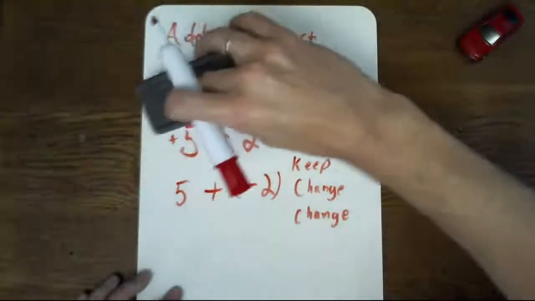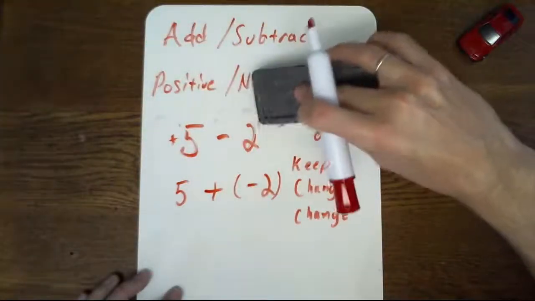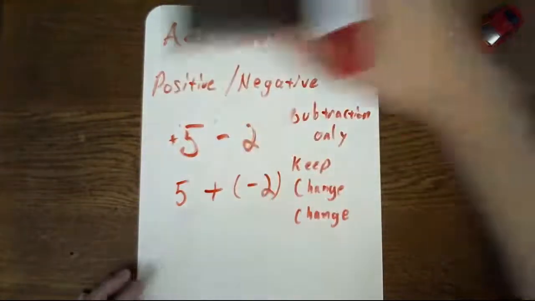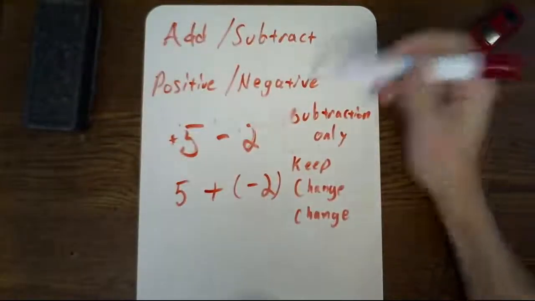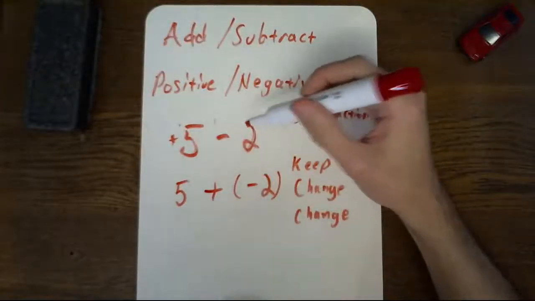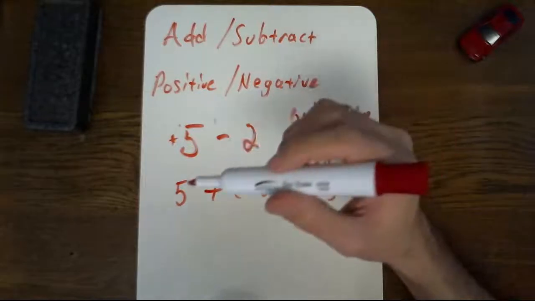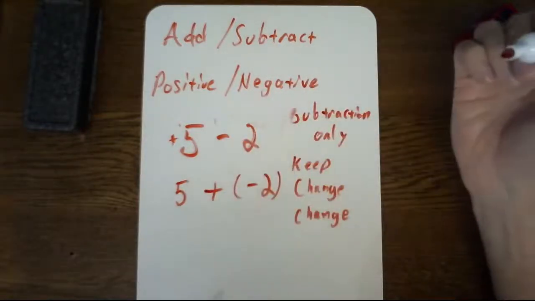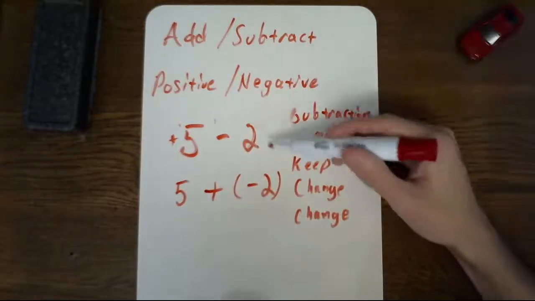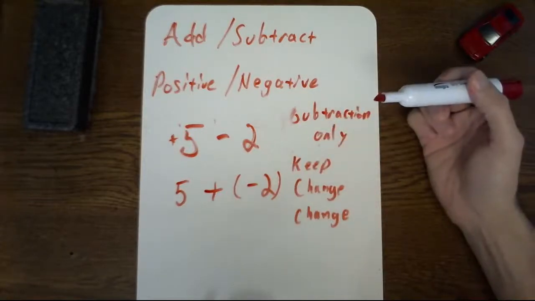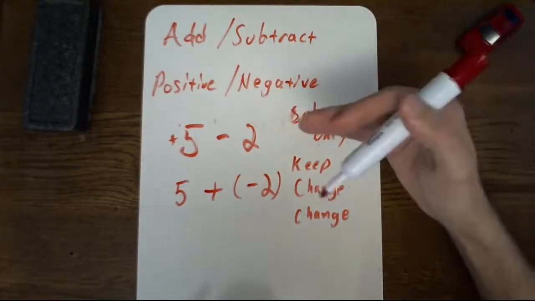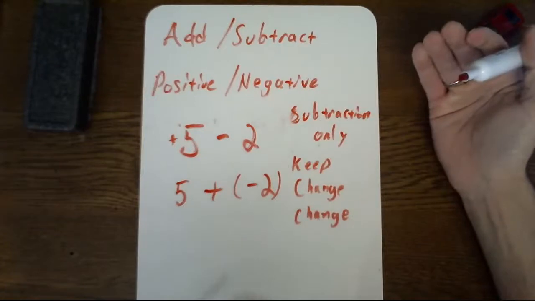This is a little cluttered. I mean, you get where the keep, change, change goes. So 5 minus 2 could also be thought of as 5 plus negative 2. So a lot of students ask me, what's the difference between subtraction and a negative number?